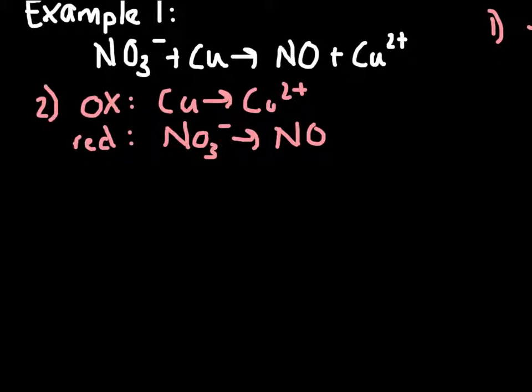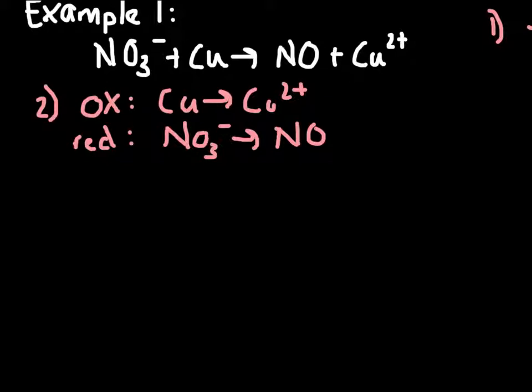Step B: balance each half equation for oxygen by adding water to the appropriate side. Our reduction reaction is the only one that has oxygen in it, therefore we are going to be changing that particular reaction.